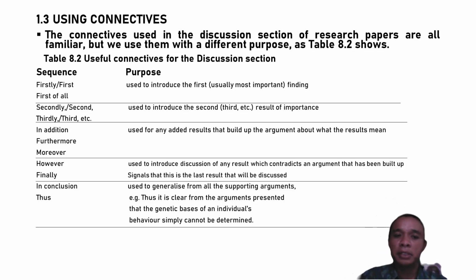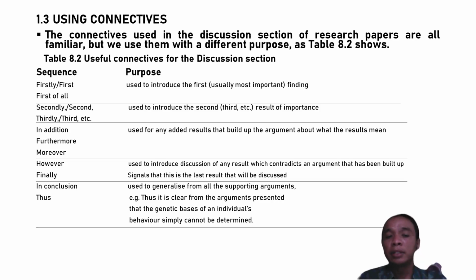First of all, it is used to introduce the first or usually most important finding. And then secondly, second, thirdly, third, and so on, are used to introduce the second or third result of importance. While in addition, furthermore, moreover, the sequence is used for any added result that builds up the argument about what the result means.